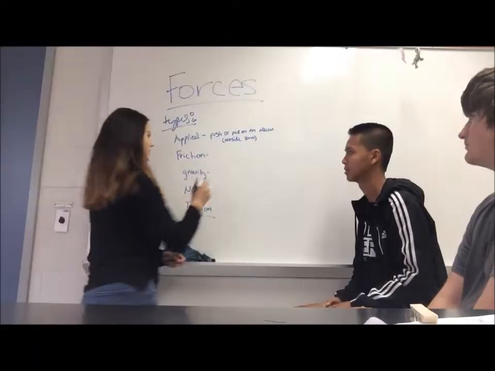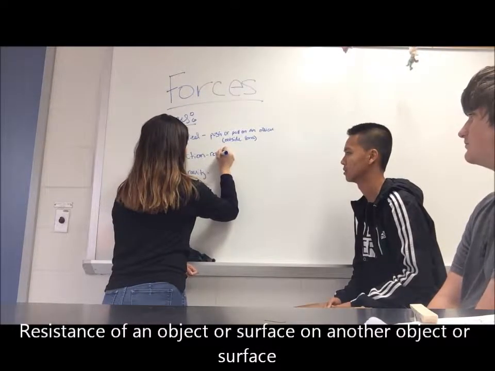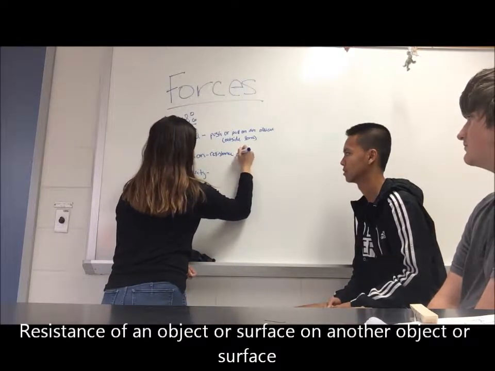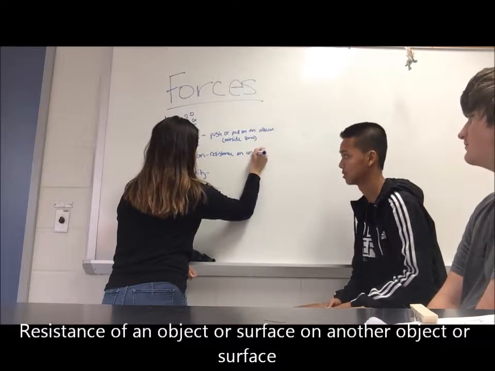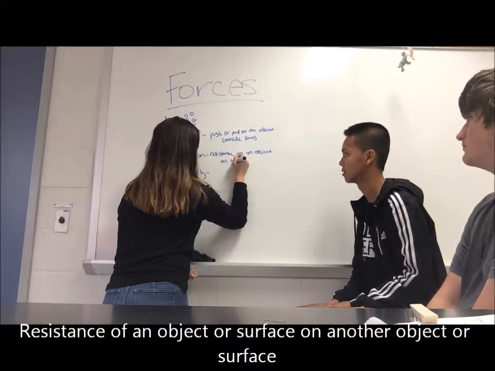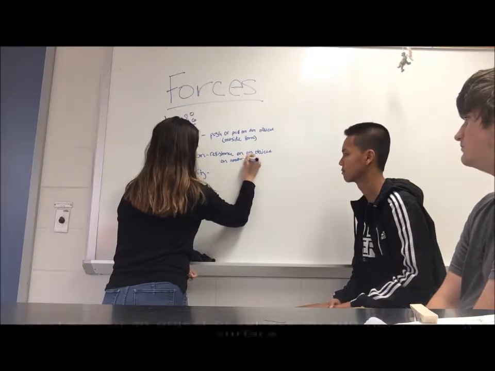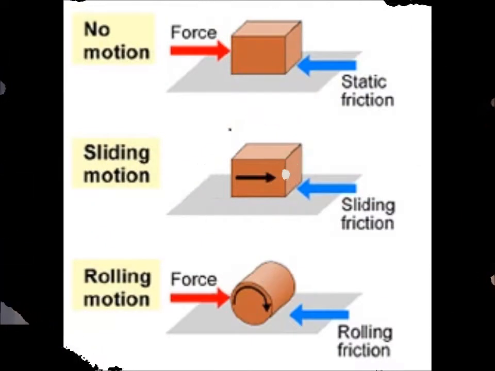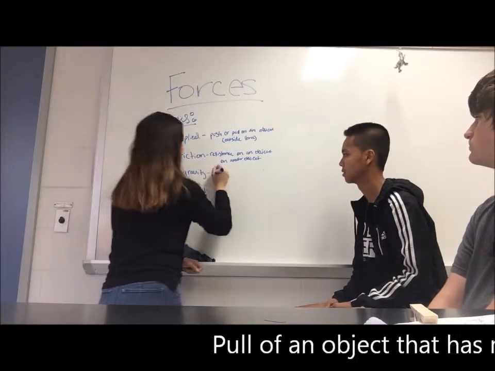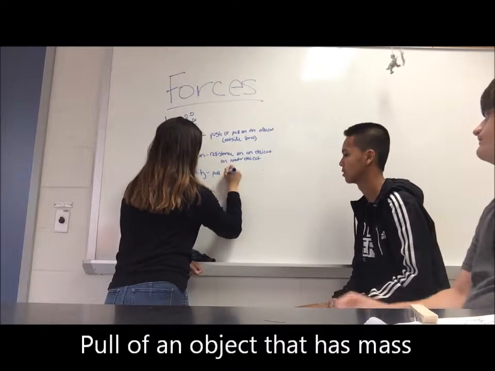Friction is the resistance of an object or surface on another object. Gravity is the pull on an object that has mass.